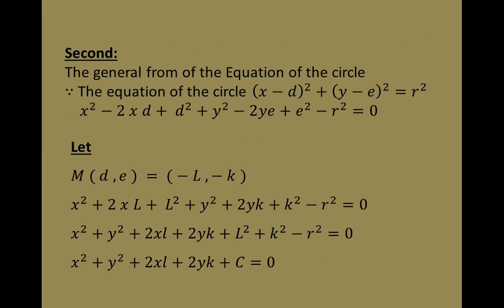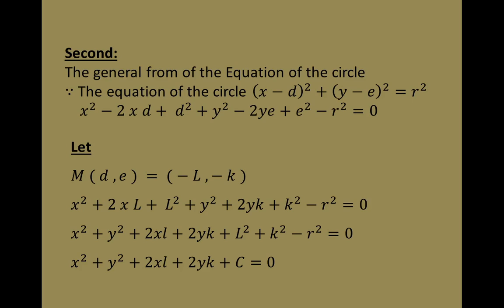The second part of this lesson is the general form of the equation of the circle. Since the equation of the circle is (x minus d) squared plus (y minus e) squared equals r squared, I'll try to simplify this expression.